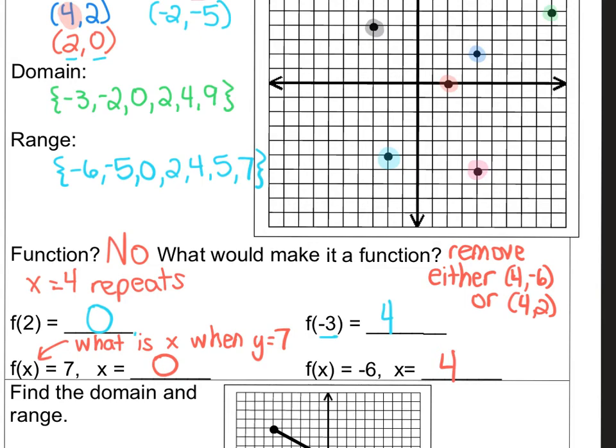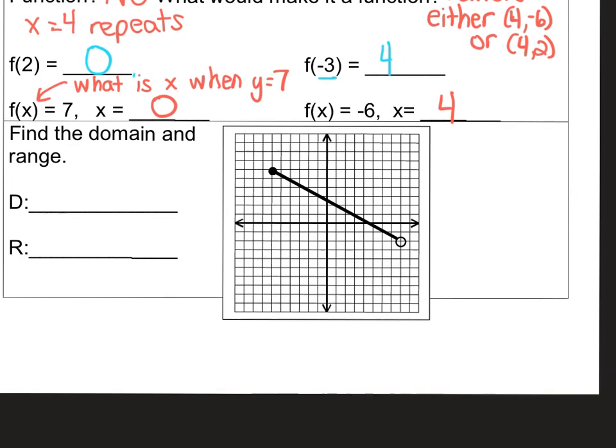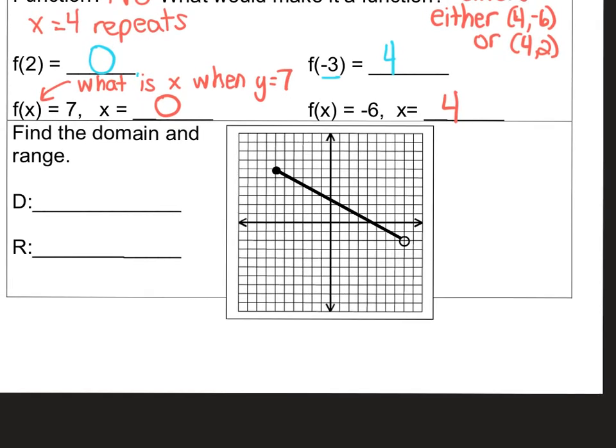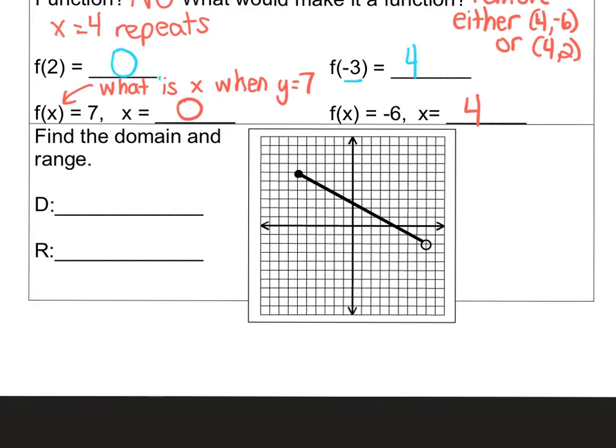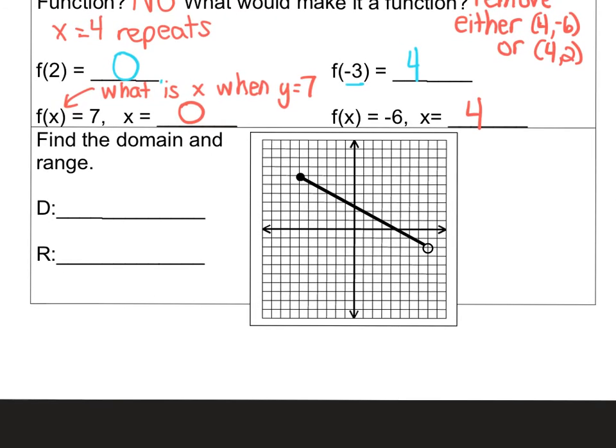All right, so we have another domain and range from the graph that we're going to use our inequalities. This one is a line segment. So this is where we talked about the fences, and the x value is going to be sandwiched in between two numbers. So I'm going to go ahead and look at naming my points first.